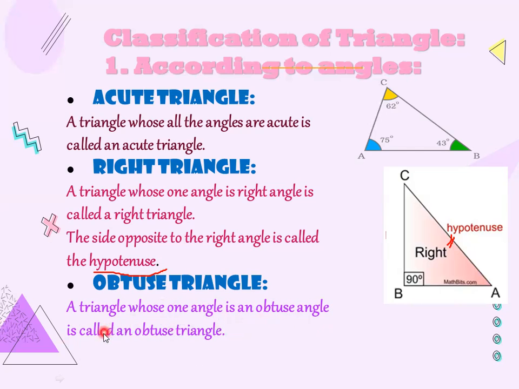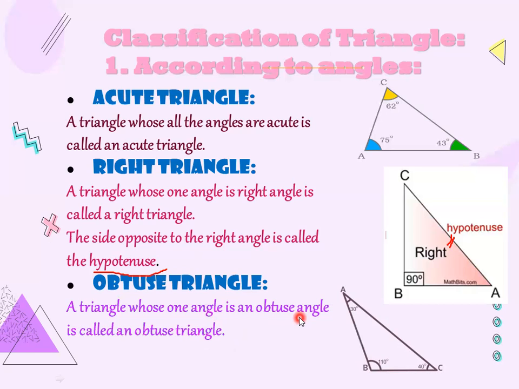So we will call that triangle an obtuse triangle. First of all, you should know what an obtuse angle is. An obtuse angle is greater than 90 degrees and less than 180 degrees. So an angle which measures greater than 90 degrees and less than 180 degrees is called an obtuse angle.